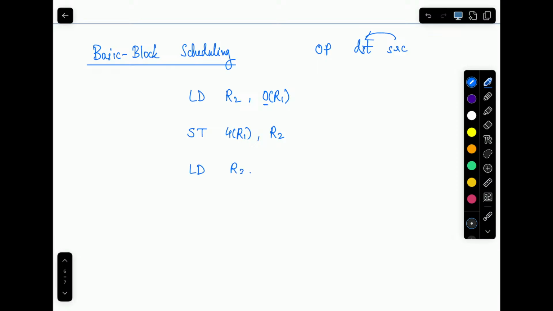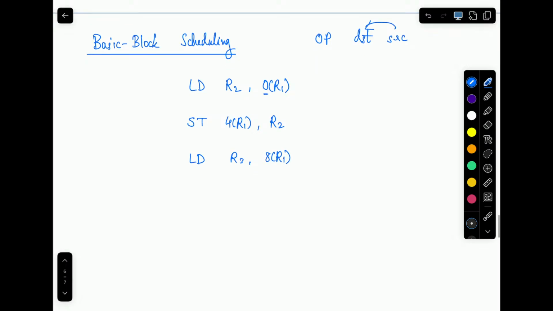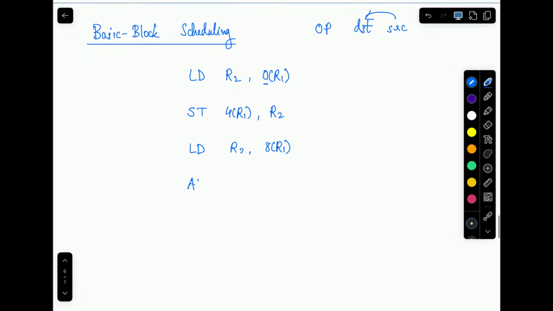They have been generated from some high level code for which I have already performed code generation. Then I have an add. Let's say the add syntax is like this: add R3 R3 R4 means add the contents of R4 into R3 and store the result into R3.